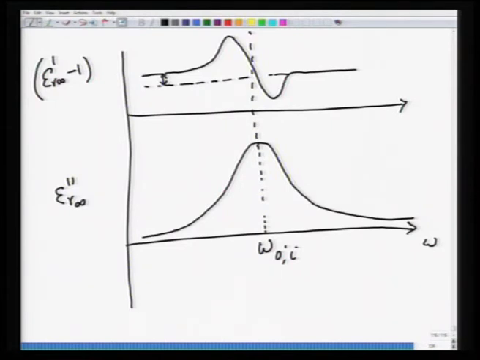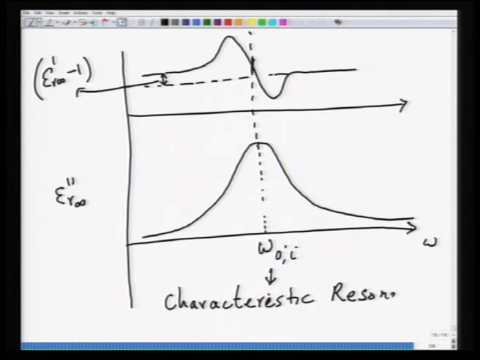Okay. So, this middle point where the slope changes would correspond to omega naught, and omega naught is the characteristic resonance frequency. Okay. So, this is how it is going to look like.